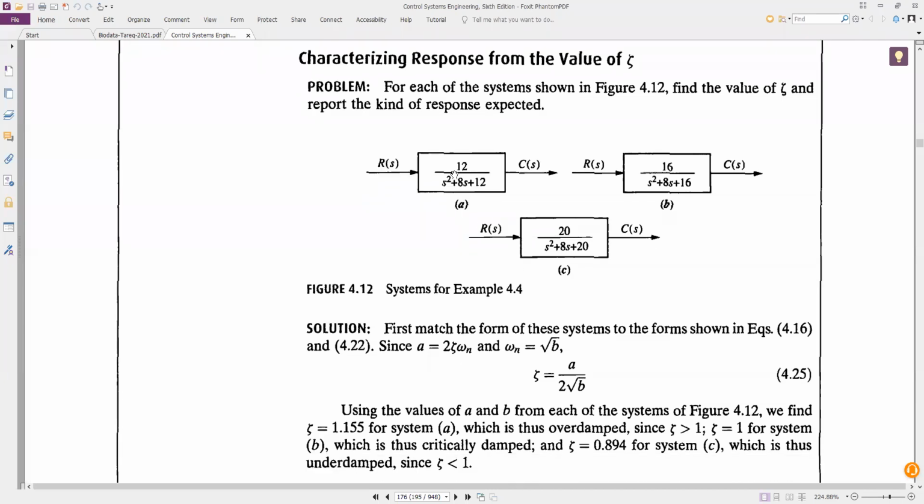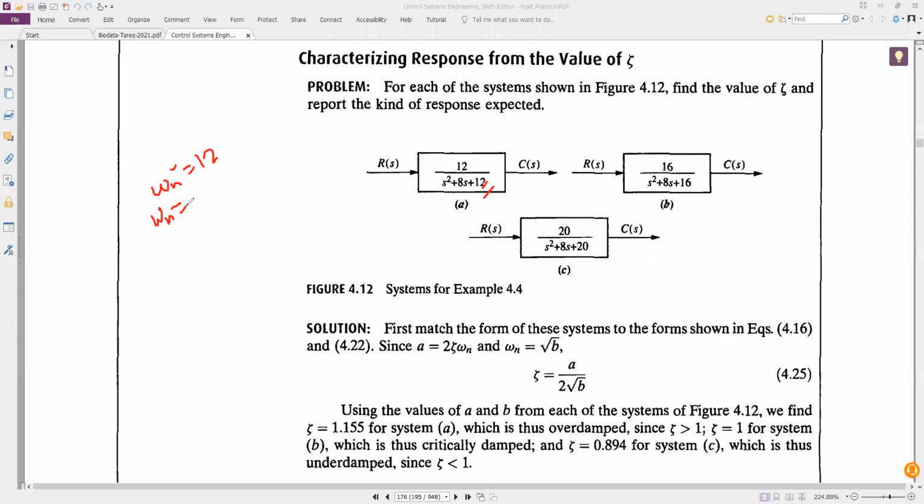Now see the first one. Omega n square is equal to 12. So omega n would be what? Square root of 12. What is the value?